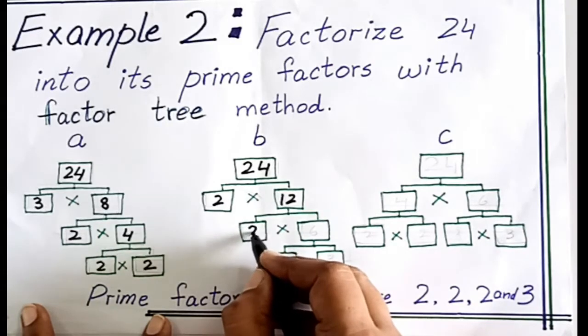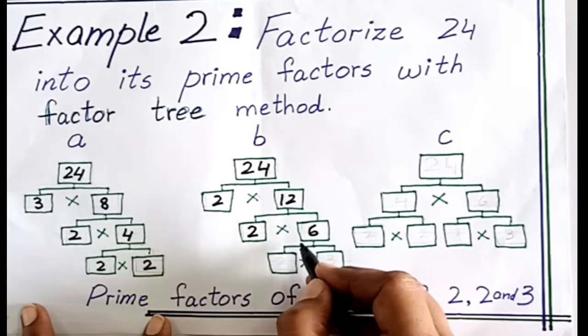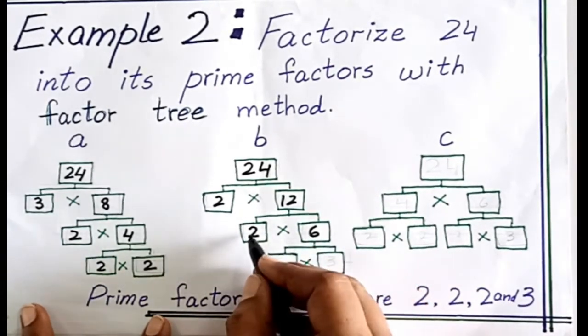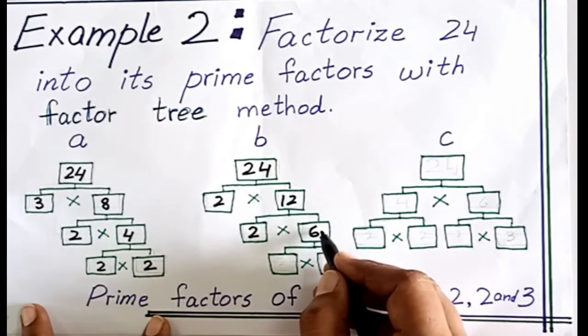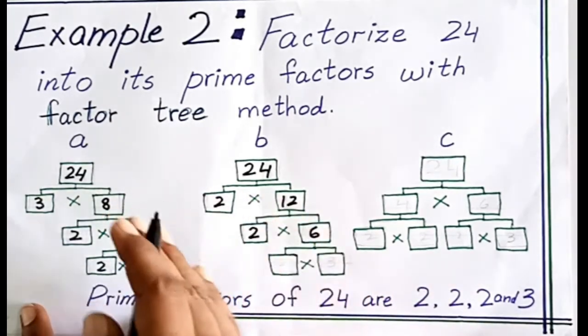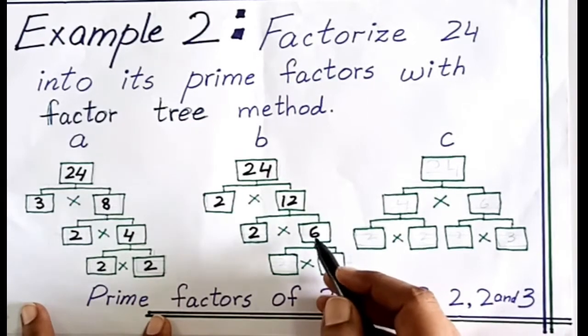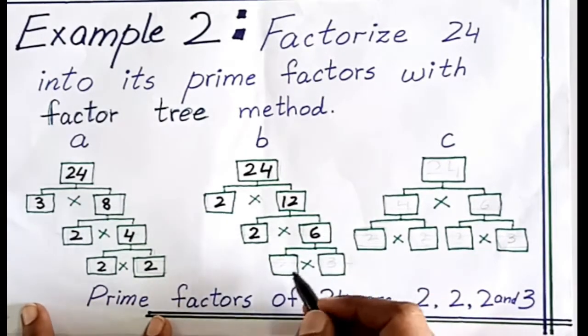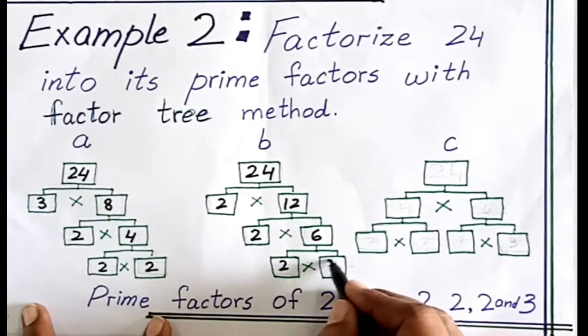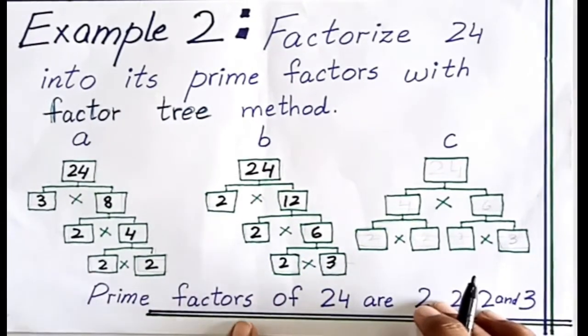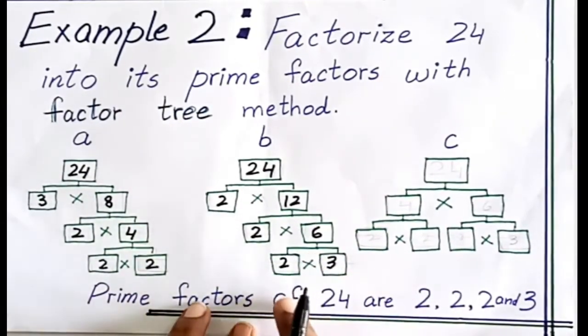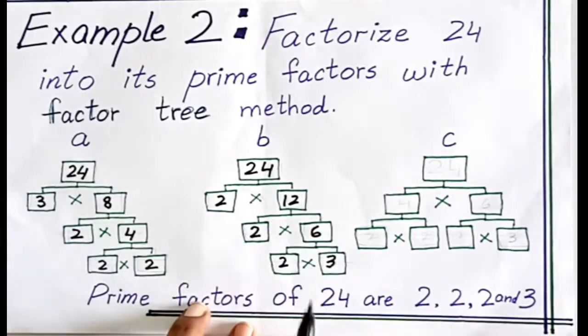How? Like this. 2 6s are 12. Two numbers come, one a prime number and one a composite number. Leave the prime number as it is, but break the composite number more with 2 3s are 6.